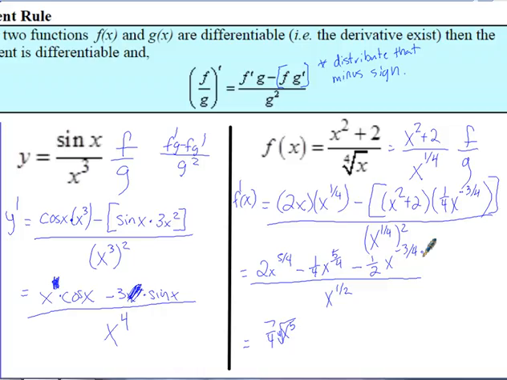Because I'm going to have a fraction within a fraction. Because see how this is negative, right? But I'm not going to take it to the bottom of the whole thing. It's just the bottom of this. I'm going to treat this as its own little fraction. So it's going to look like this. 1 over 2 4th root of x cubed. And then all of that over the square root of x.